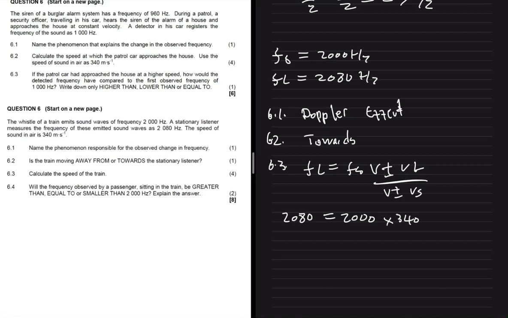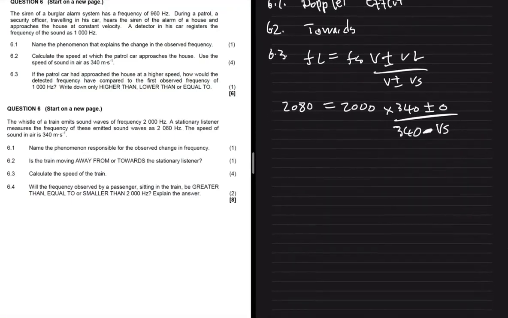It says the speed of the train, so plus or minus 0 here, since the listener is stationary. 340 minus VS. It's minus in the denominator if the sound source is moving towards. If the sound source was moving away, then we would have plus in the denominator.